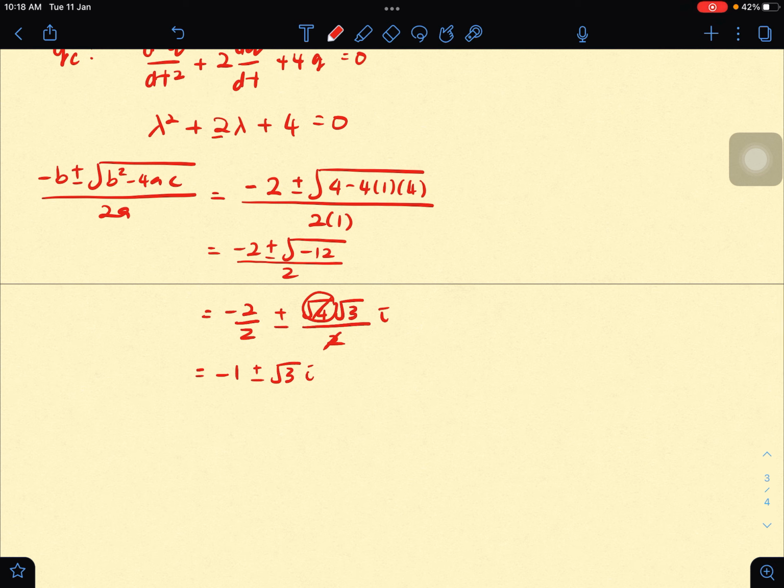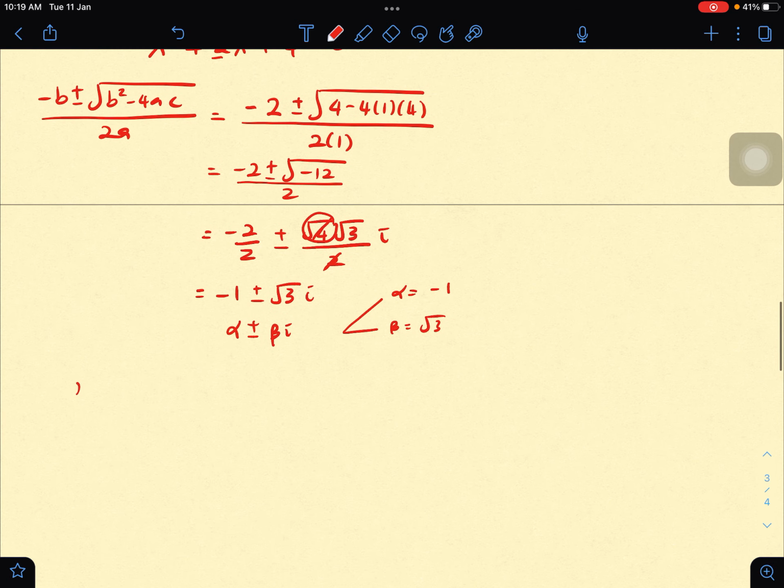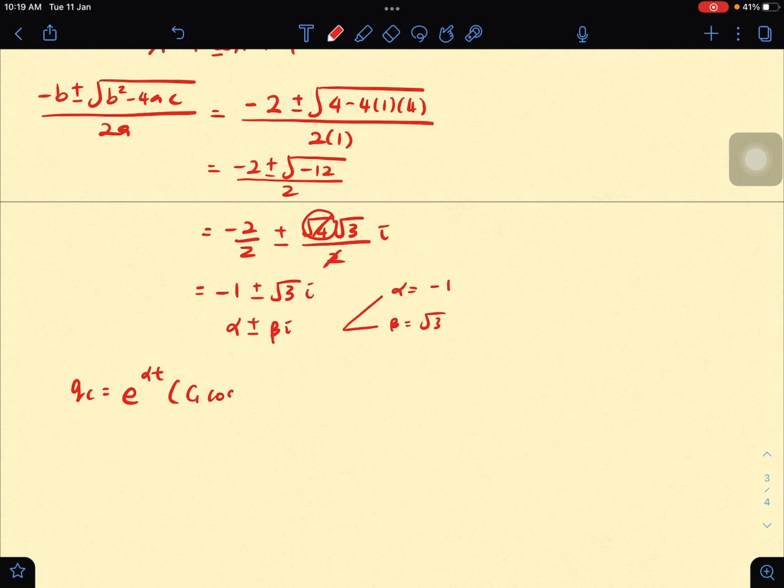Okay, so now you already know that kalau kita compare dengan alpha plus minus beta i, so we know that our alpha is equal to negative 1, and our beta is equal to root 3. So your QC, your general equation, will be exponent alpha t multiply by C1 cos beta t plus C2 sin beta t.